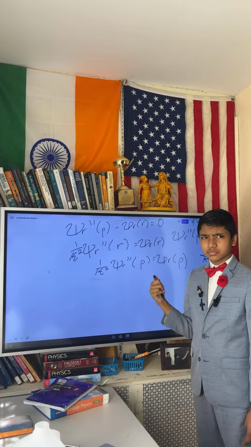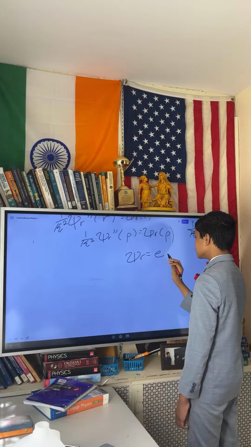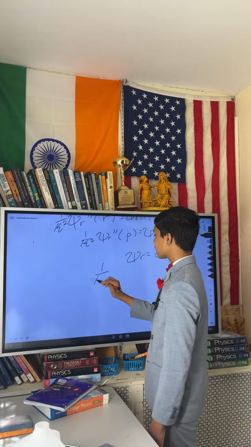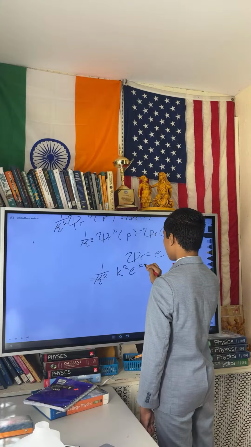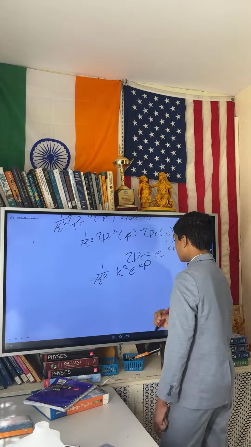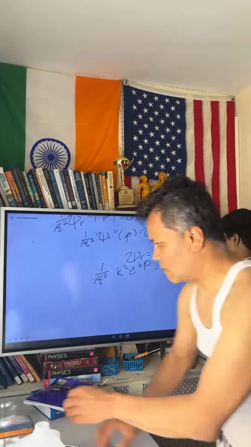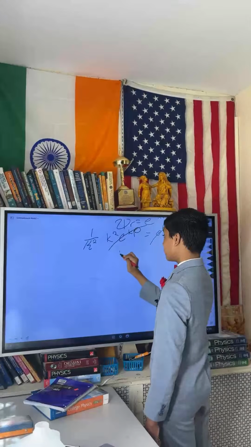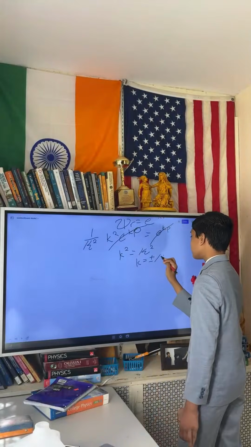And now this is just going to be the classic ansatz. Psi r is equal to e to the k rho. So this is going to give us 1 over kappa squared k squared e to the k rho is equal to e to the k rho, which means this cancels out, and k squared is equal to kappa squared, and so k is equal to plus minus kappa.